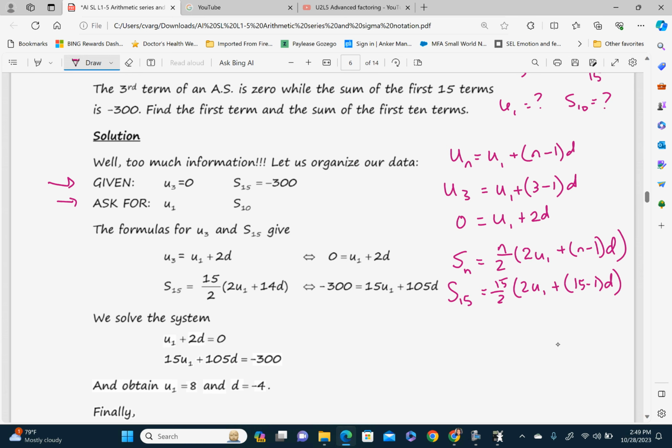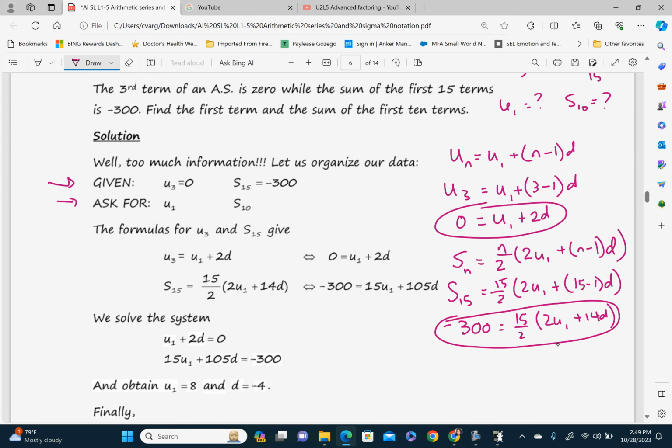S15, they told us, is negative 300. So negative 300 is equal to 15 over 2 times (2u1 plus 14d). So now that we have our two unknowns, we have this right here, and we also have this right here.